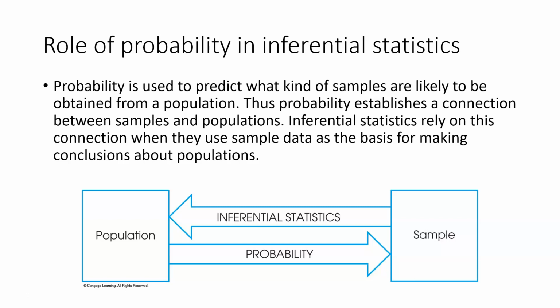But the point here is that when we draw a sample, we know the characteristics that we're likely to get in our sample based on the probability of certain characteristics in the population.